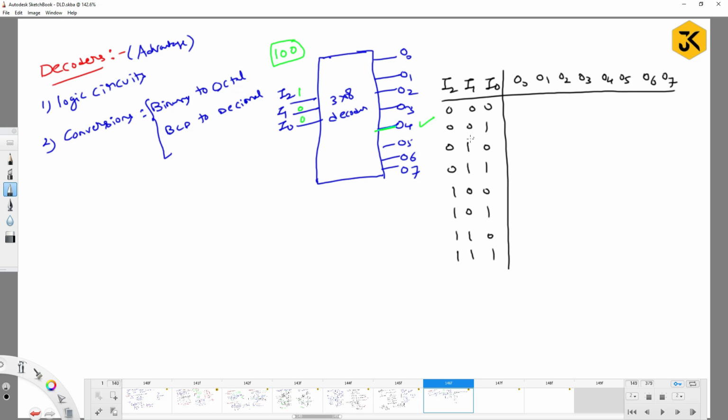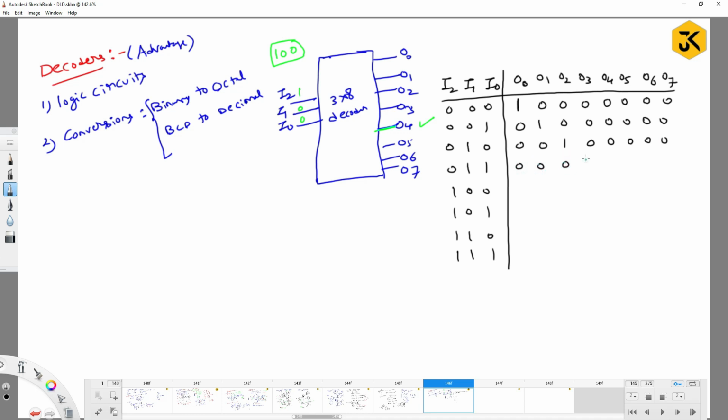Now, if I get 000 as input, what needs to be activated? O0 should be activated. That's why I made it 1 and all the remaining are zeros. Similarly, for 1 you get 01 followed by 4 zeros. When you get 2, you need to get the output at O2.